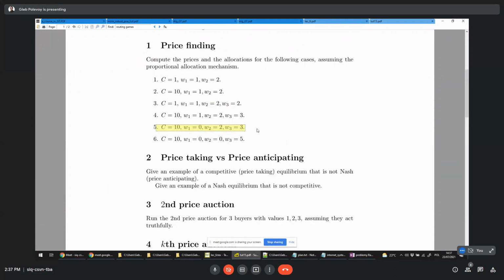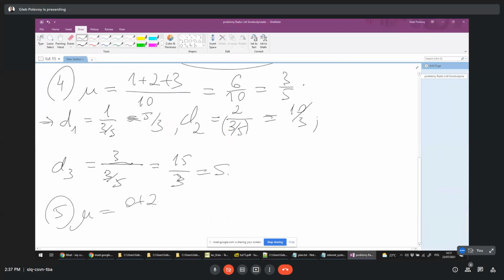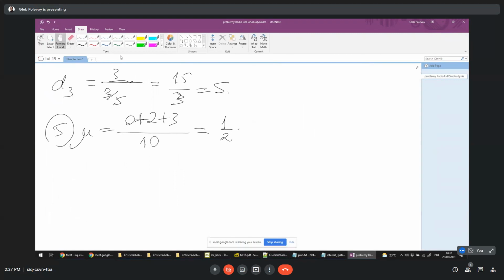My bad. I think you understand, it's just a question of numbers, and here we can always get confused. So it's 5 over 10, it's half, and then we can either calculate these as before, but let's now calculate for the sake of exercise just from the proportional value of the bids.